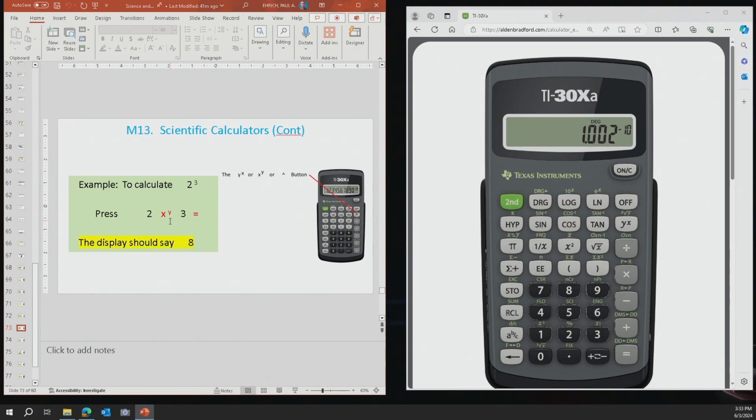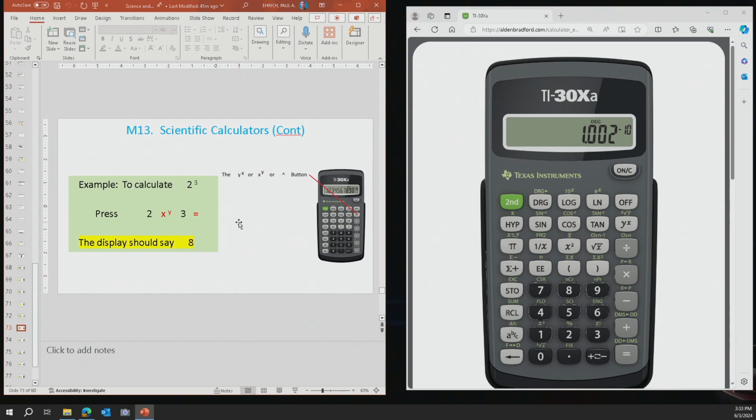On here I said X to the Y, but I'm using the Y to the X button. Same thing. So what I want to be able to do is calculate 2 raised to the third power. So what does that mean? It means 2 times 2 times 2. So you're multiplying 2 times itself 3 times.